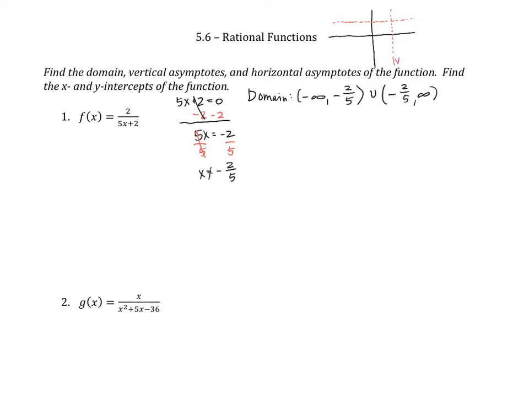This is the vertical asymptote, and this is the horizontal asymptote. Remember that a vertical line has an equation, x equals some number, and a horizontal line has an equation, y equals some number. So your asymptotes will have an equation associated with them.